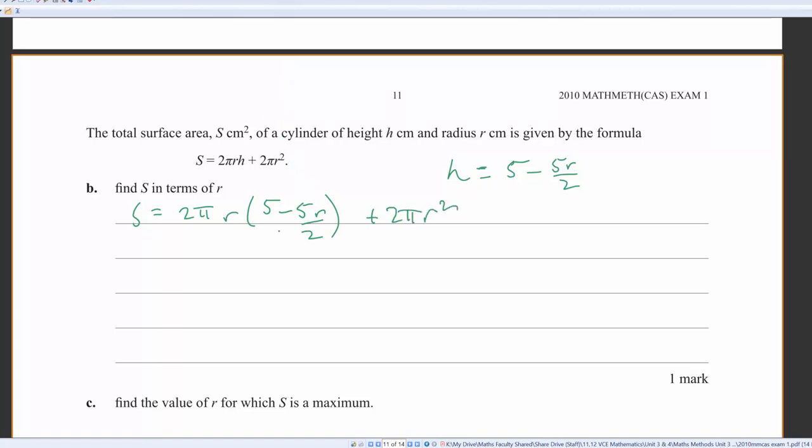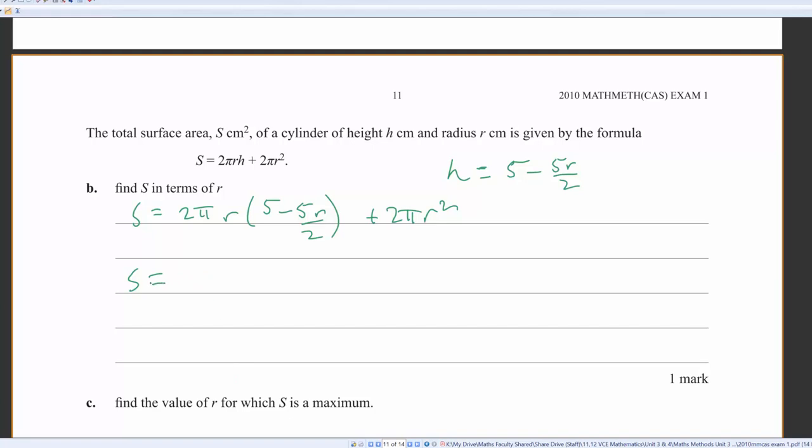All right, so I'm not sure whether we would need to expand this out, but I certainly would for the 1 mark. I wouldn't leave this unfinished. It sort of seems unfinished, even though S is currently in terms of r. Now, let's expand that out.